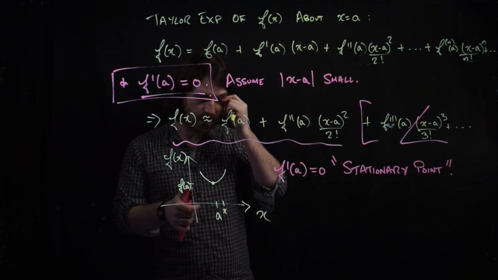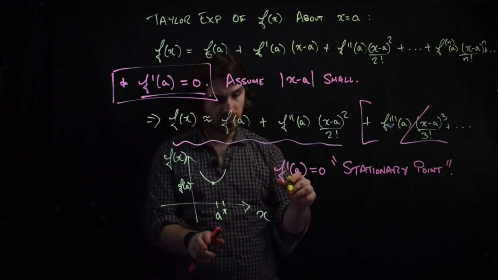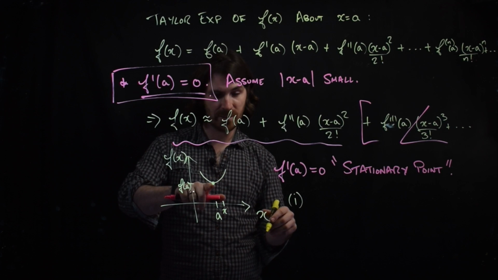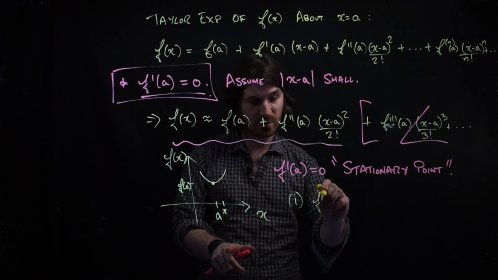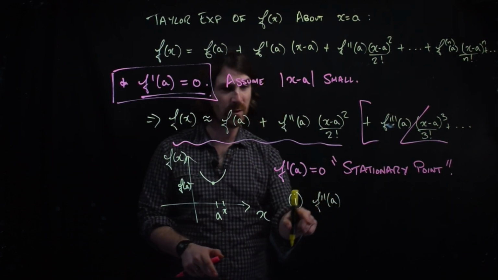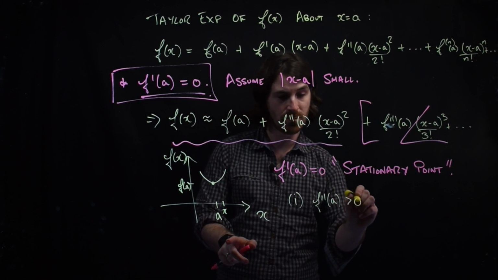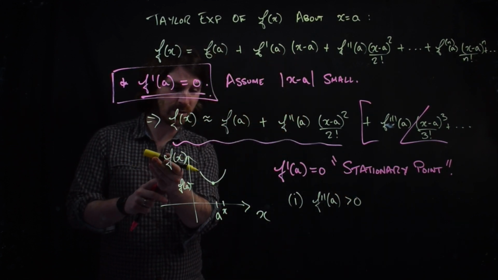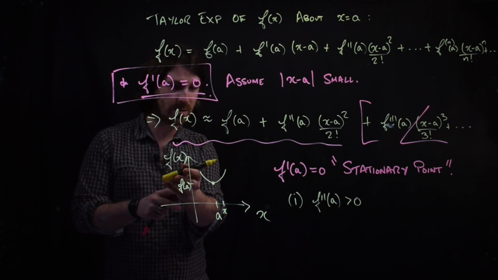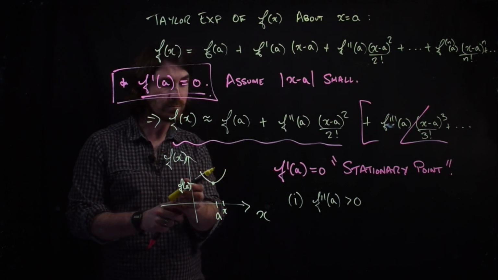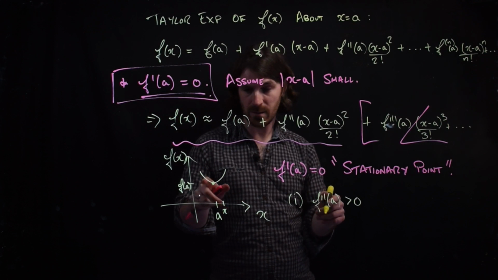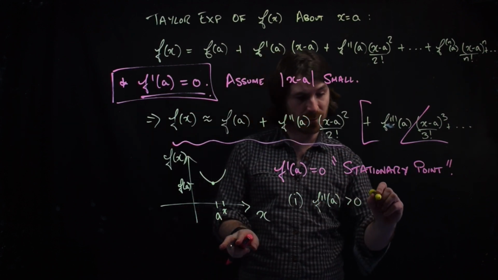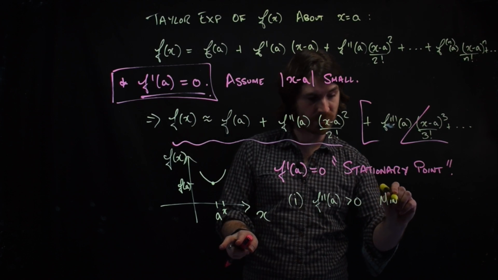And we've got two cases, so we need to think about the second derivative. If f prime prime of a is greater than 0, then that means as we increase x, our derivative is increasing. Then we have a parabola like this, and we have a minimum of our function.